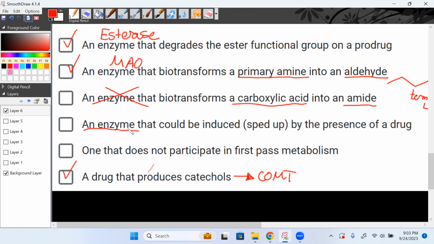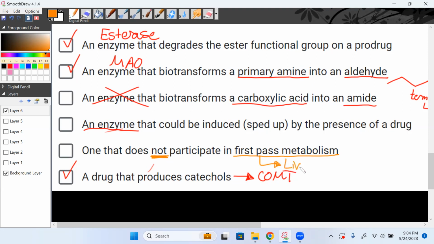And then finally, how about this one? One that does not participate in first pass metabolism. What do we think? Microsomal or non-microsomal? Inside the liver or outside the liver? Yeah, so first pass metabolism, where does this happen?